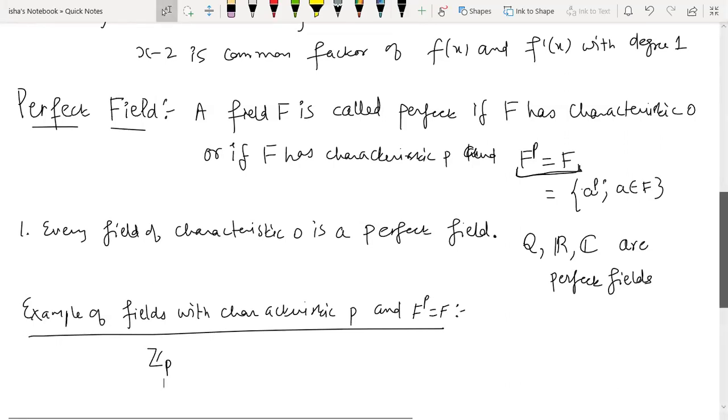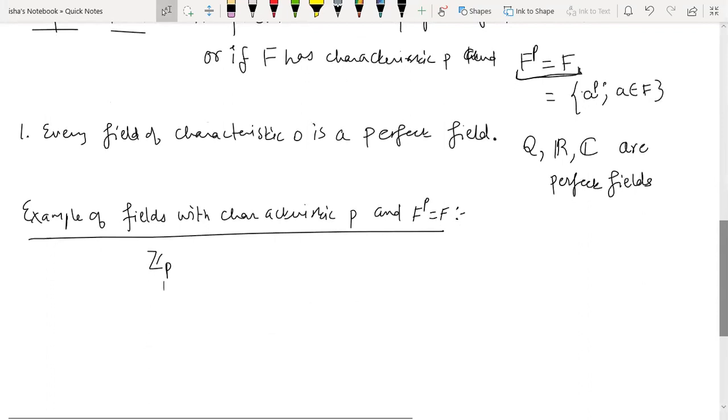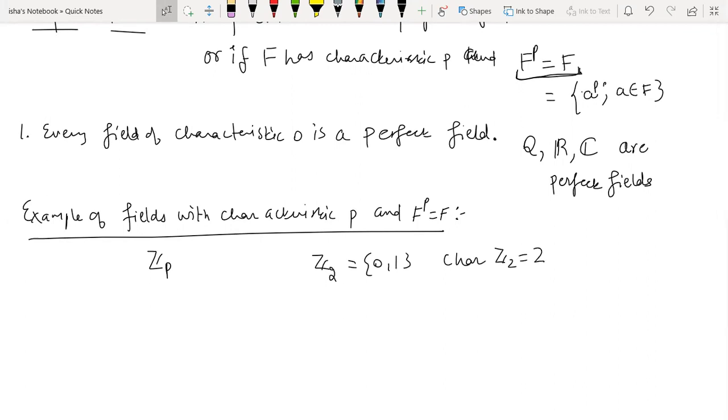I'll give you a general proof, but you can first try this for any. Take Z2, which is 0, 1. What is the characteristic of Z2? It is 2. If you take the elements of Z2 and form Z2 raised to power 2, it's 0 squared, 1 squared, which is the same as 0 and 1. It is the same as Z2.